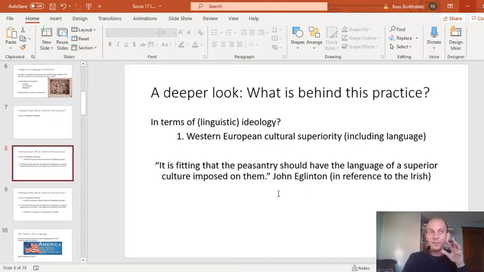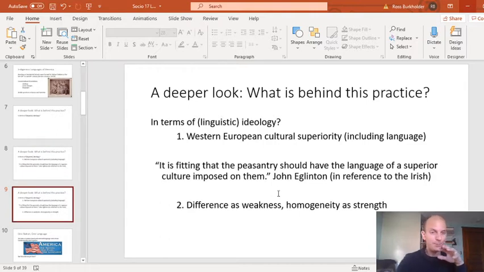I think this is the most obvious ideology that's going on there. I want to highlight as well a secondary linguistic ideology at play in this scenario, which is that cultural assimilation itself rides on top of this cultural ideology, which sees difference, cultural difference in this case, linguistic difference, as weakness, as vulnerability, and it sees cultural linguistic homogeneity as strength.